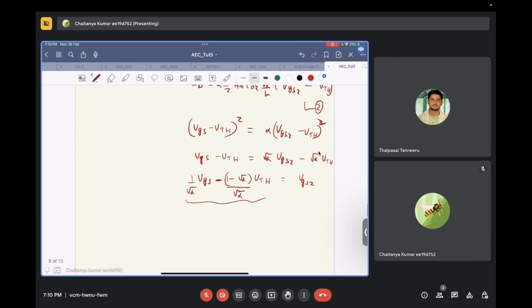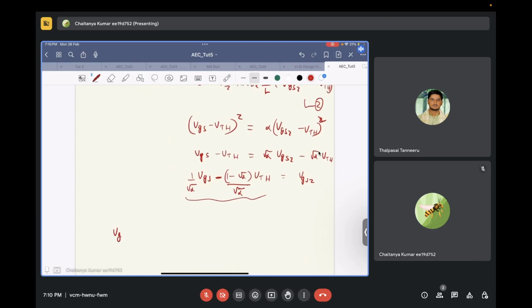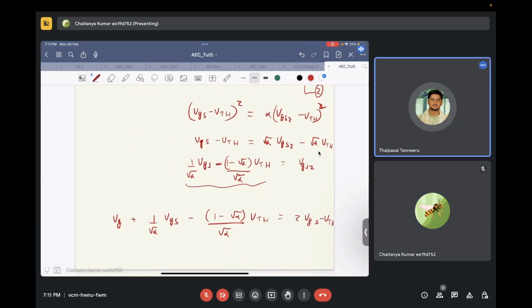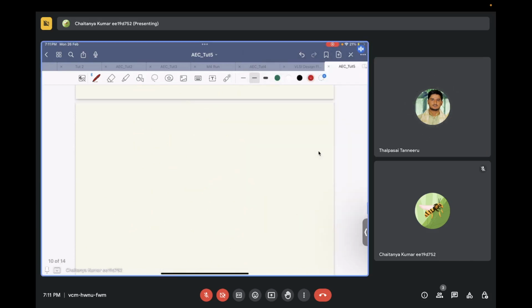So ultimately, you have VGS plus 1 by square root of alpha times VGS minus 1 minus square root of alpha by root alpha times VTH is equal to two VGS minus VTH. Correct? Yes, sir. So you can find the value of alpha that you need. Yes, sir, we can find. What will that be?